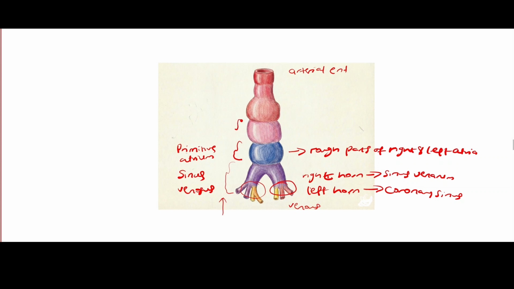Now this part is called the primitive ventricle. The primitive ventricle forms the trabeculated part of the left ventricle.